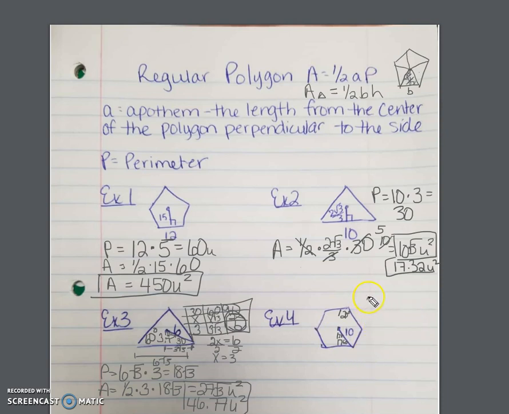So again, I have a 30, 60, 90 triangle. My pattern is x, x square root of 3, and 2x, because we had previously learned that. Those are available in your notes and on posters on the wall.